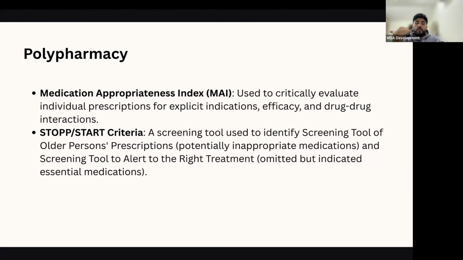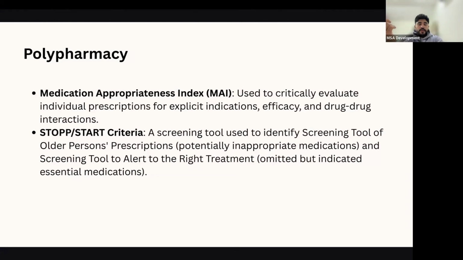Usually people who are old have comorbidities, and they usually take, believe it or not, 15 to 20 medications in a day. This shouldn't be happening, because this will impact the patient's kidney and heart.